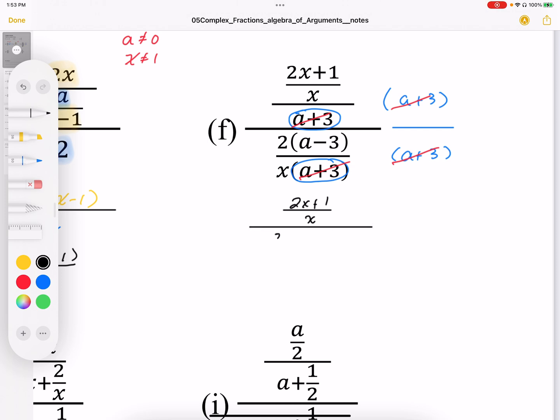Then I have a divide by 2, divide by a minus 3, and then a divide. So that's going to be x in the denominator. Now, if you recognize this situation, we can cancel these out.